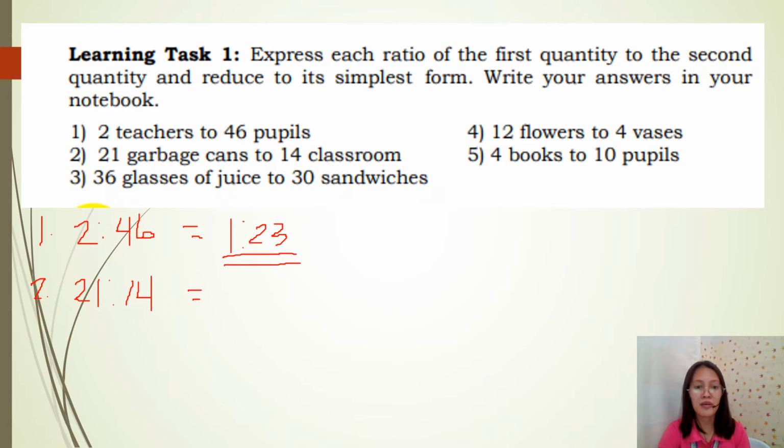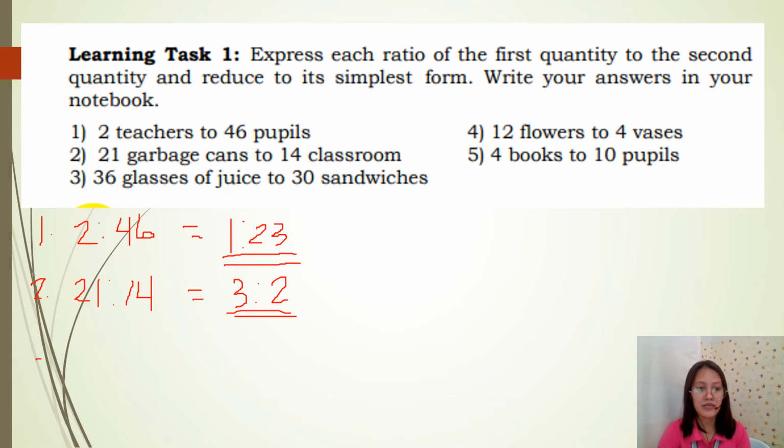Ano po yung number na pwedeng mag-divide kay 21 and 14 equally without remainder? So that is 7. 21 divided by 7, that is 3. Then put our colon. And then 14 divided by 7, that is 2. Therefore, our simplified form is 3 is to 2.